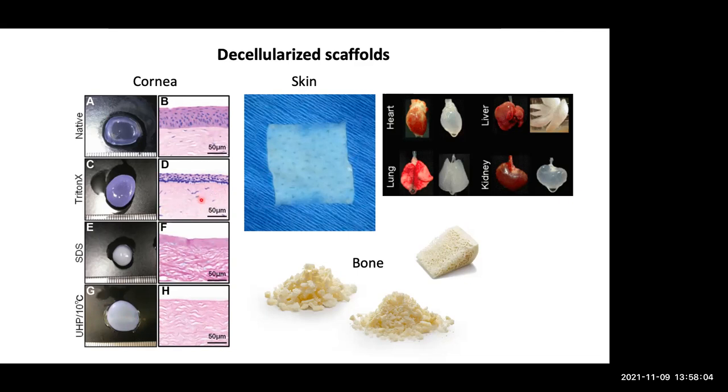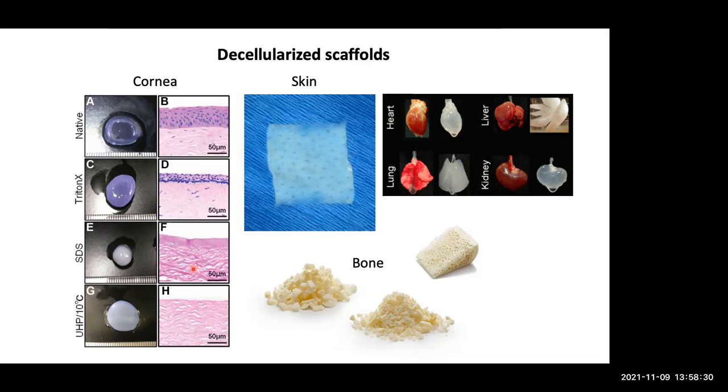This one is not effective, but compared to SDS, another detergent, you will see there are some pores inside, and there are no cells deposited in the matrix. So when they improve with different detergents and incorporate temperature, from the native cornea, there are no cells in these two approaches.